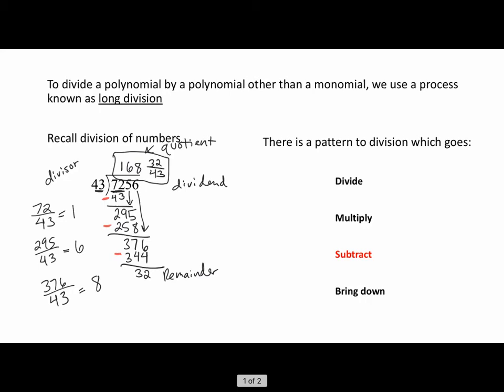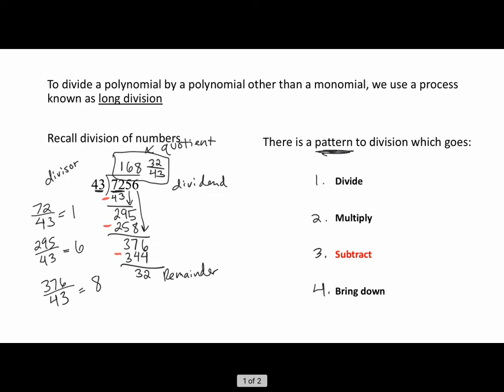So if you noticed, there was a general pattern to the long division process, and that is: start with divide, to see how many times your divisor goes into your dividend. Multiply the quotient that you just found times your divisor. Subtract from the dividend, and then bring down the next digit, or next place value, or next term for polynomials.